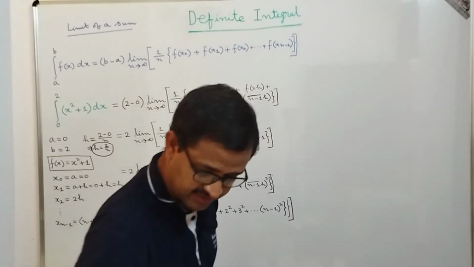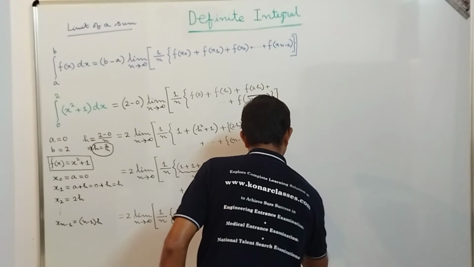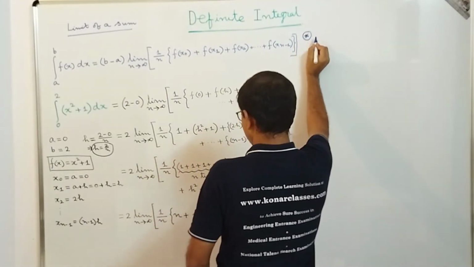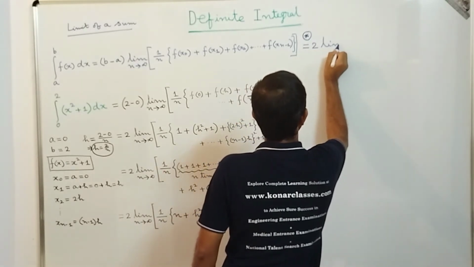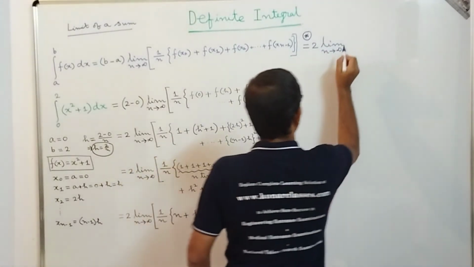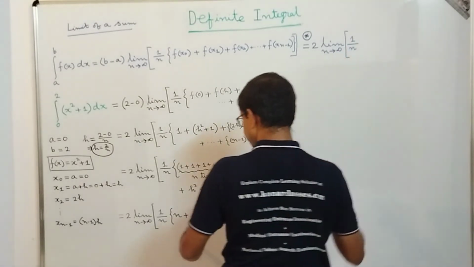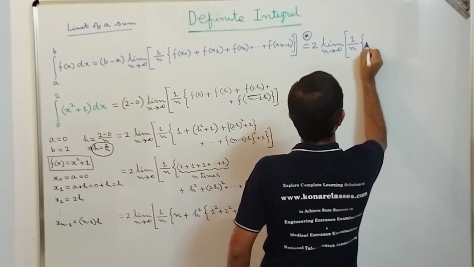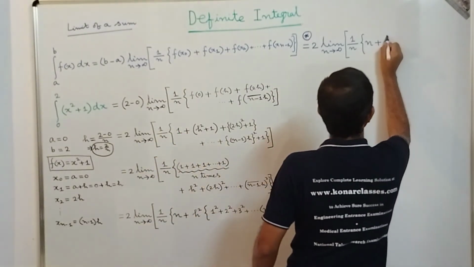Okay, so let us now find the value of this limit. From here we continue. This will be equal to 2 into limit n tending to infinity of 1 by n into n plus h square.